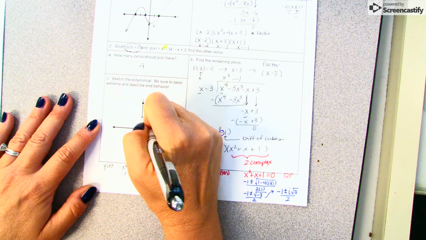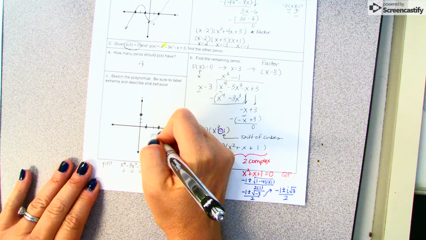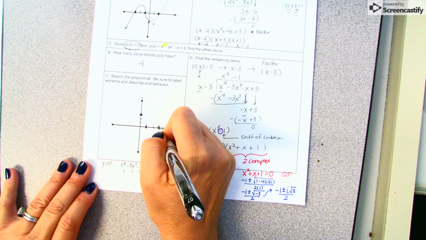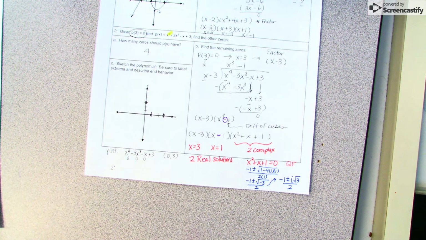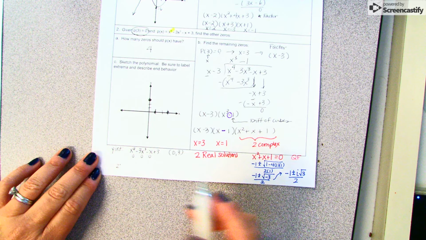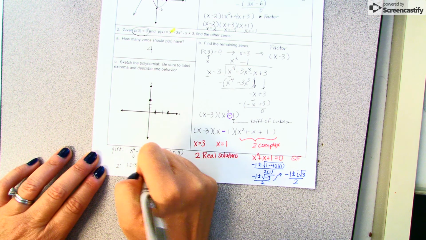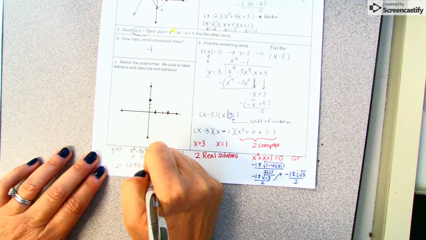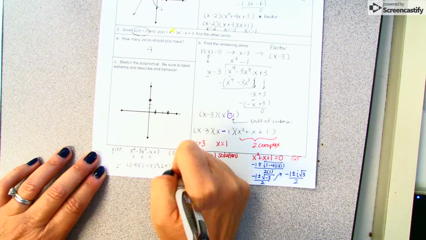And then in between here, in between the 1 and the 3, I'm going to go ahead and plug in a 2. When I plug in a 2, I get 2 minus 3, and then 2 minus 1, and then 2 squared plus 2 plus 1. Well, this gives me a negative, this gives me a positive, and this gives me a positive.